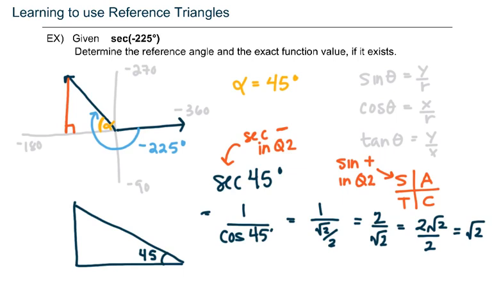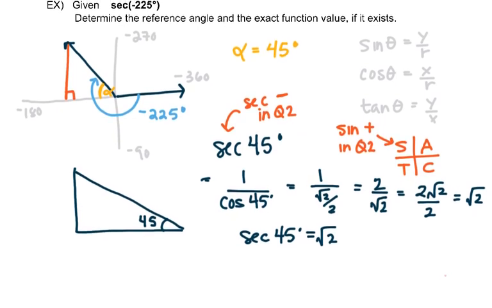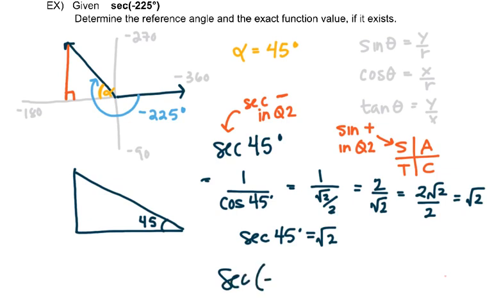So secant of 45 degrees is equal to the square root of 2. But we are asked to find the secant of negative 225 degrees, and that's in quadrant 2. So we know it's going to be the same value, but I'm going to put this negative in here. It's going to be negative square root of 2.